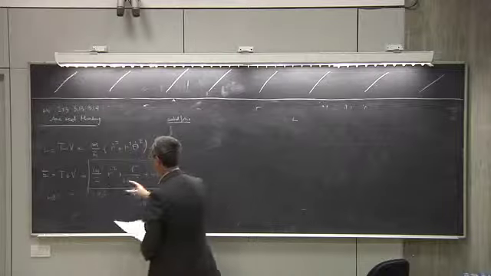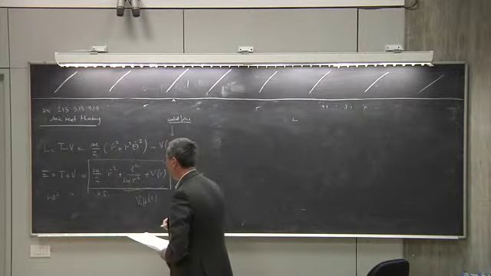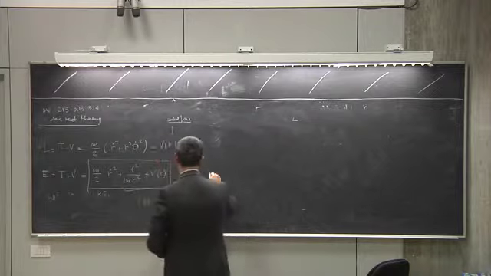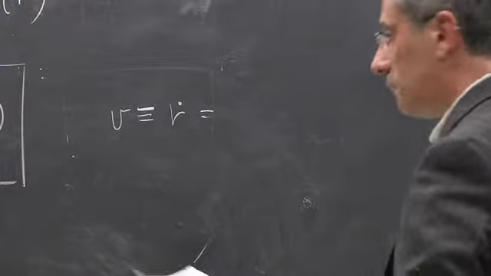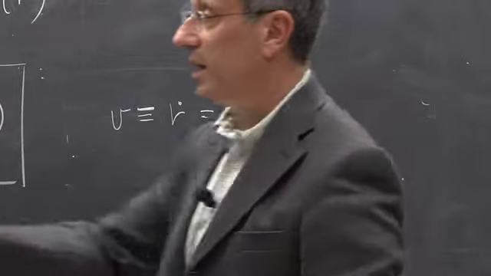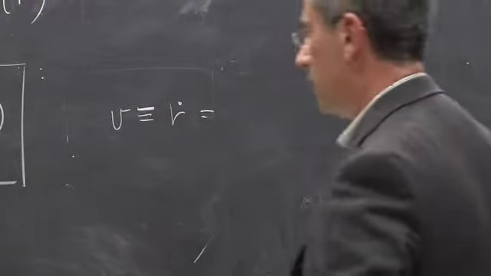Therefore, the velocity, that is r dot, so I call it v, v equals r dot, I guess that is the definition, can be rewritten if you take everything on the other side.